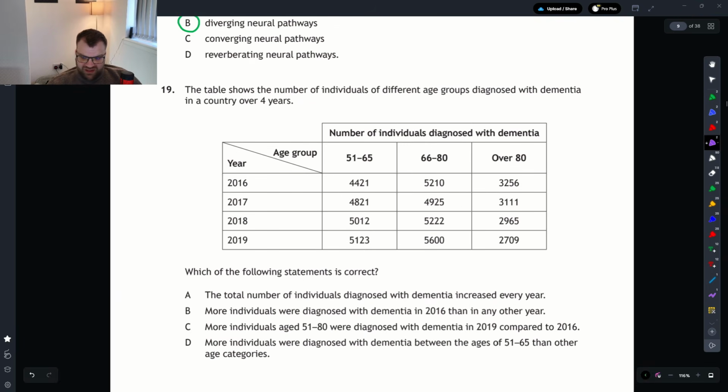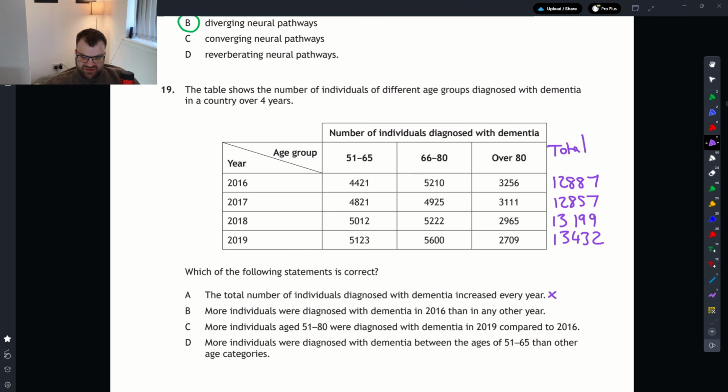Another numbery problem-solving question. Total number of individuals diagnosed with dementia increased every year. Let me just put in the totals for us. I mean, if my maths is right, that's not happened, so I'm pretty sure that's wrong. I'm going to just do the rest of them just in case it comes up. I'm going to use those numbers for something else. Right, that one then is incorrect.